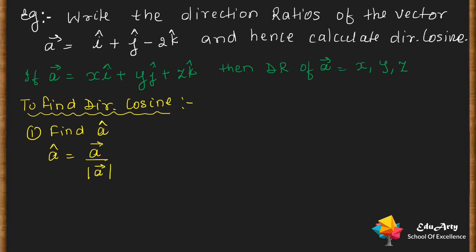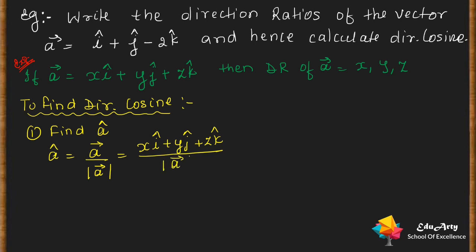Now here, what is our a vector? We are doing the green part, not the white one. I will put this as explanation and we will do the sum again. Understand the concept first. So our vector is equal to x i cap plus y j cap plus z k cap, divided by the magnitude of a vector.